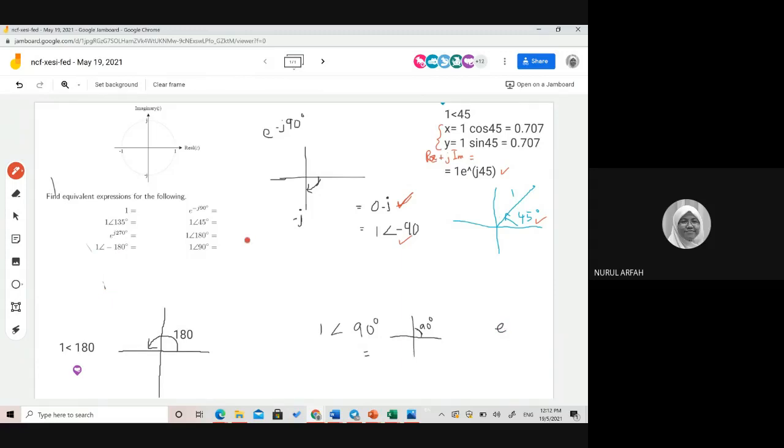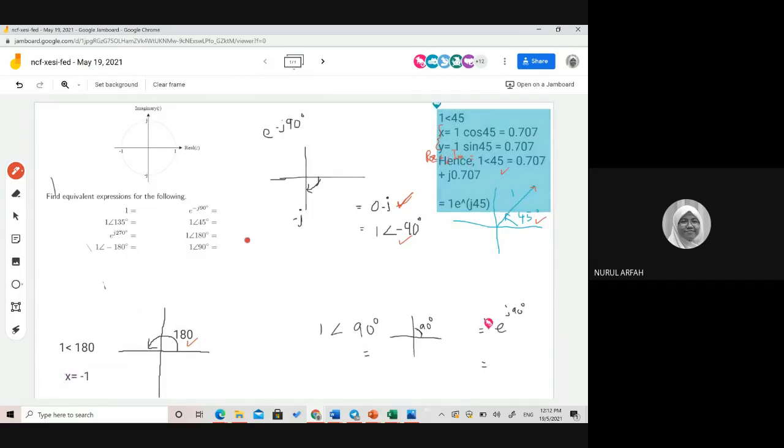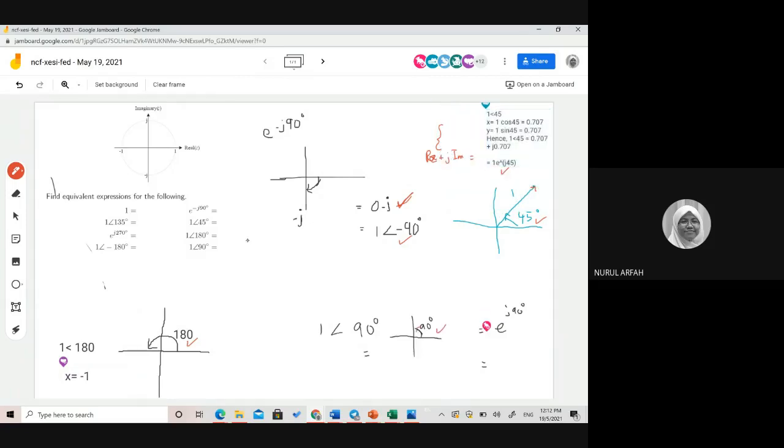Okay, 180 degree. Yes, this is correct. How to write in terms of rectangular form? 180 degrees. Okay. 1 with 90 degree. Yes, this is correct.